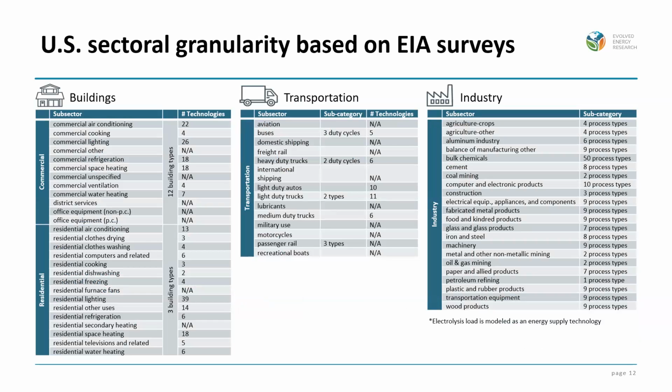This is a breakdown of final energy demand categories in the Annual Energy Outlook, and these are things that we use. They also are the categories that are used in the residential and commercial building surveys that DOE does, and in the MECS survey for industry as well.